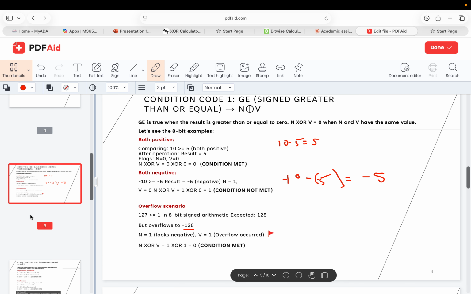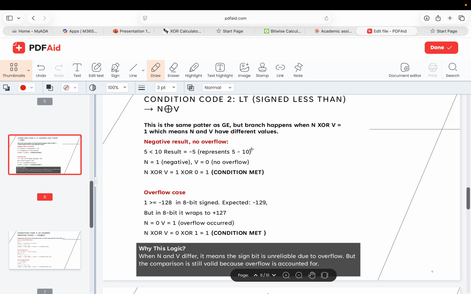Okay, let's move on. The next condition is the less than condition, and to check it, it's just like the greater or equal condition, but N XOR V should be 1, not 0. So let's see the examples. 5 is less than 10: if we subtract 10 from 5, the result will be minus 5, which is a negative number.